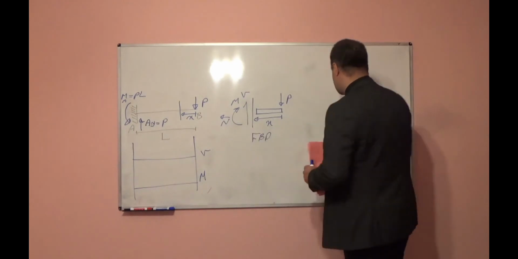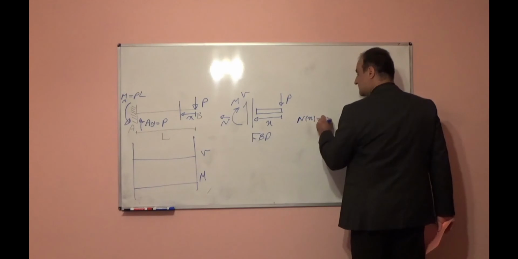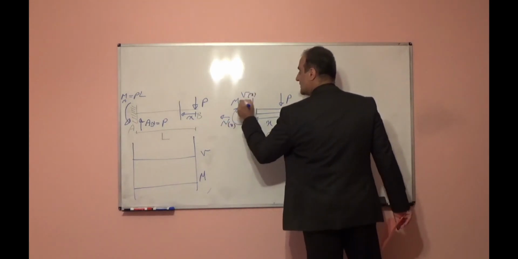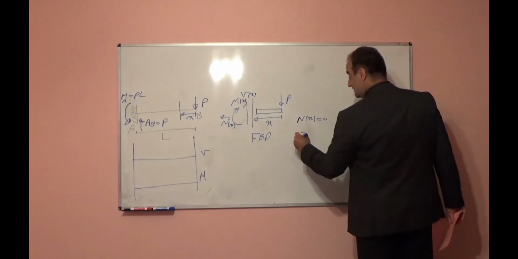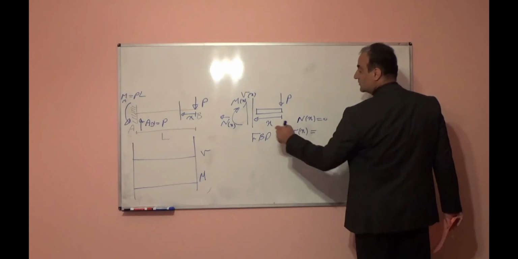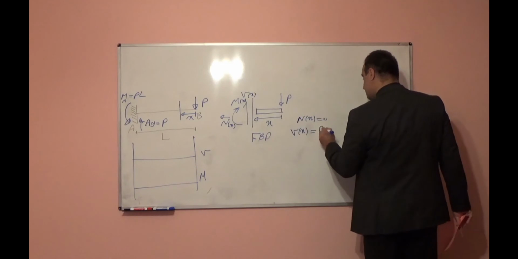But here N, or Nx, is equal to 0, because these are functions of x. It is good I show them as a function of x. Vx will be equal to summation of force in vertical direction. Vx minus P is equal to 0.